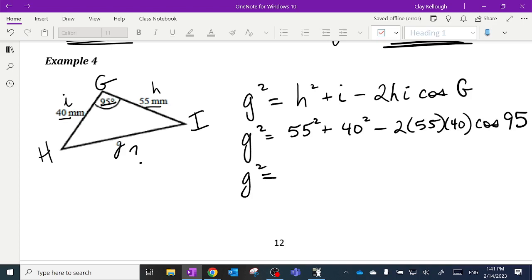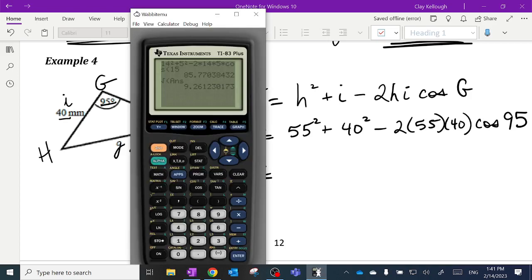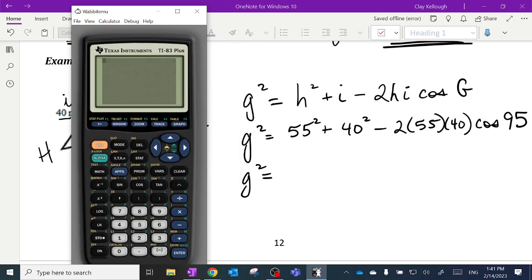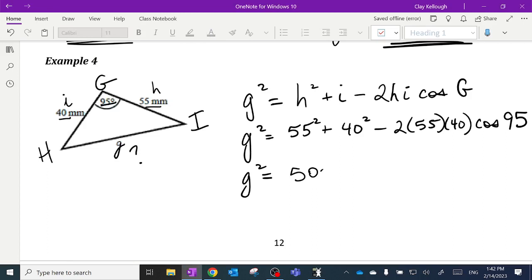So G squared is equal to, let's punch buttons, clear, clear, clear, clear. 55 squared plus 40 squared minus 2 times 55 times 40 times the cosine of 95 equals 5,008.485 and change.